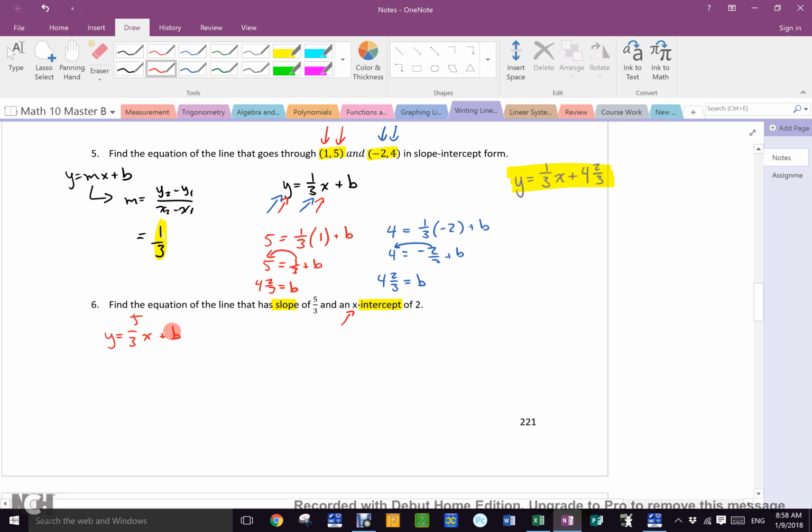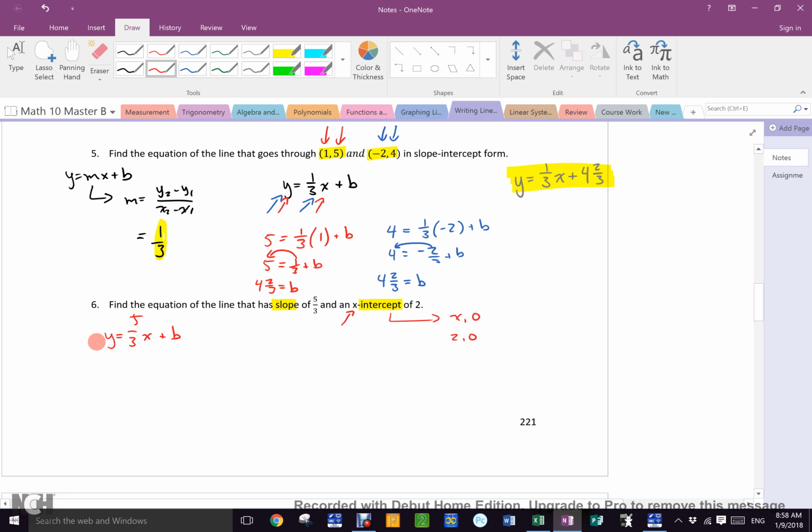Correct? Would that be okay? Now, do you have an x and a y to put in there to find b? Yeah, you do. The x-intercept is x comma 0. But you know it's 2, so it's 2 comma 0. Is there an x and a y? So could we put that in over here?